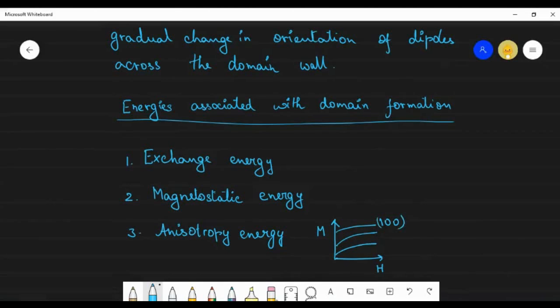For BCC iron, the 100 plane exhibits a higher magnetization for the same applied field, whereas for nickel, the 111 plane shows a higher magnetization compared to other directions for the same applied field.